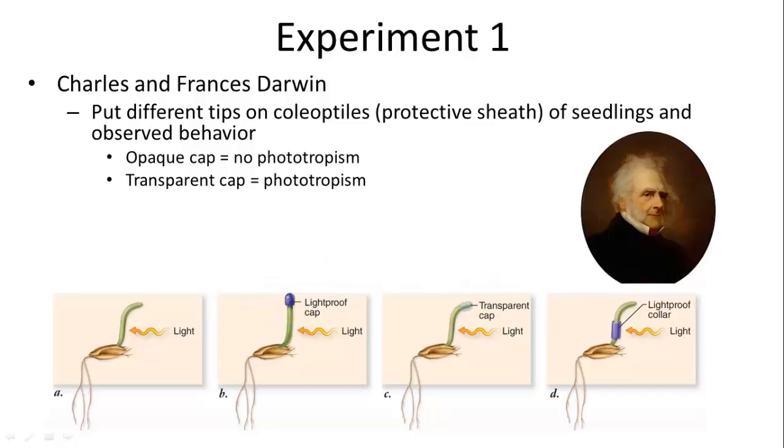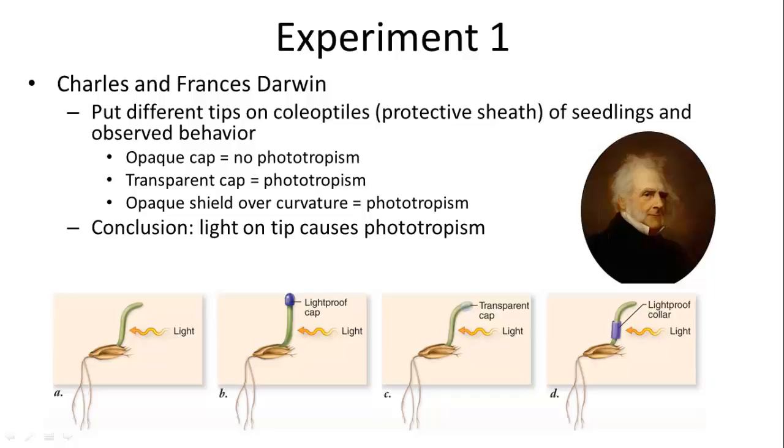Okay, so just the physical nature of the light was not what caused it to bend. And then they put an opaque shield over the curvature to see if that affected it, and it still bent. So the conclusion was that the light on the tip caused the phototropism. It doesn't matter what was happening towards the middle and bottom of the plant, but at the top you had something causing the plant to bend towards the light.